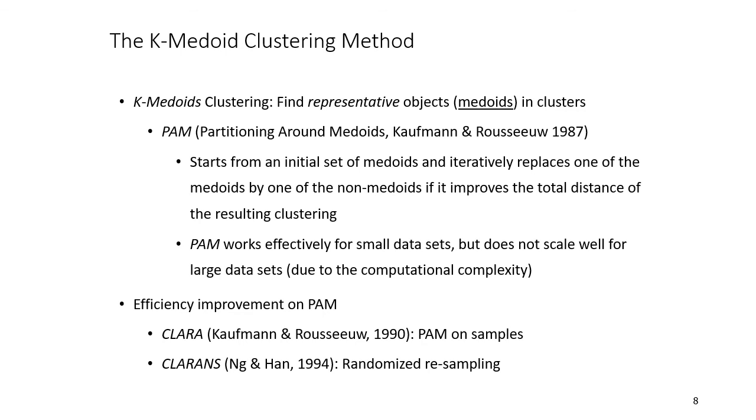By samples we mean that we are trying to reduce the size of the database in order to reduce the computational complexity involved. While talking about CLARANS, we are doing randomized resampling and trying to reduce the size of the database while performing PAM. So it further improves the efficiency of CLARANS in comparison to CLARA.